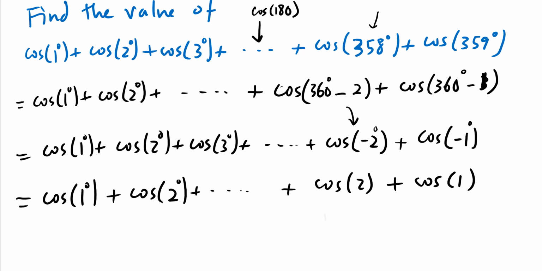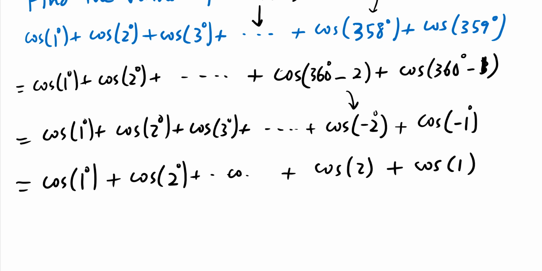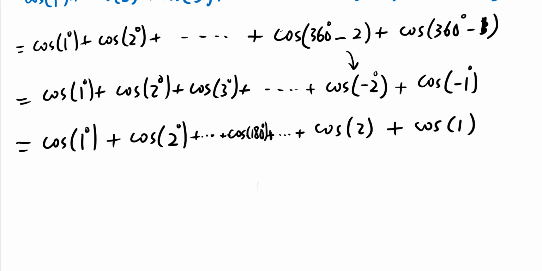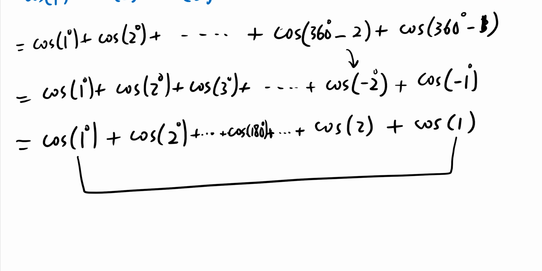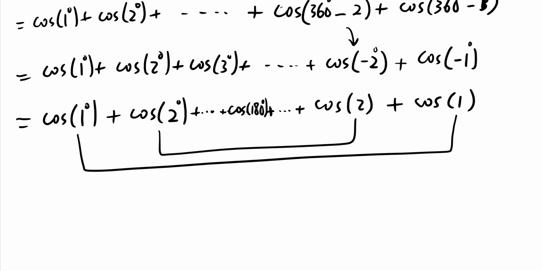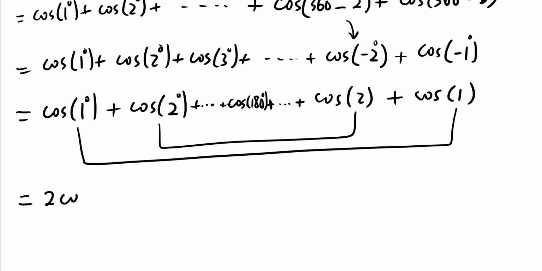And if we look at what happens in the middle, we have cosine 180 degrees. Notice how these match, so we can pair them into 2 cosine 1 degrees, 2 cosine 2 degrees, and this can keep going on and on.